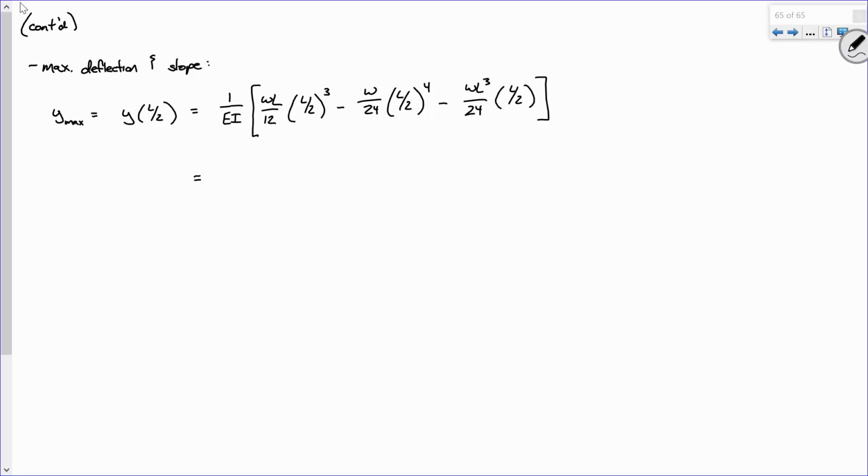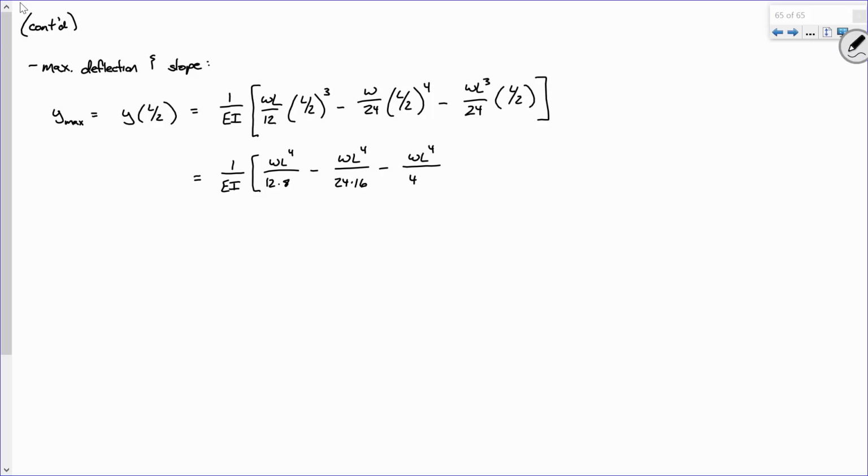Let's just look at the variables for now. So WL times L cubed is what? WL to the fourth, right? And this is WL to the fourth. WL cubed times L is WL to the fourth. So that's a check that what we're doing is right. So 1 over EI, we have WL to the fourth over 12 times 8, which is 96, minus WL to the fourth over 24 times what? 16, minus, what's that?